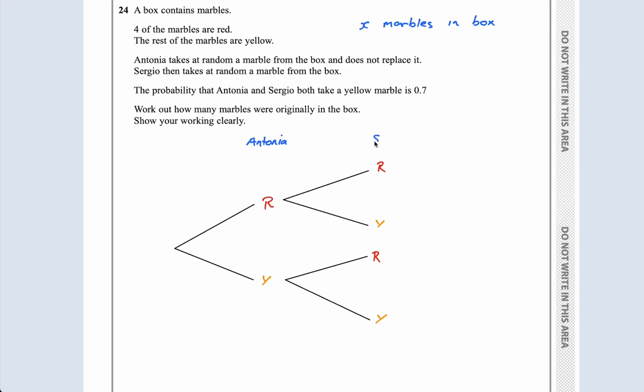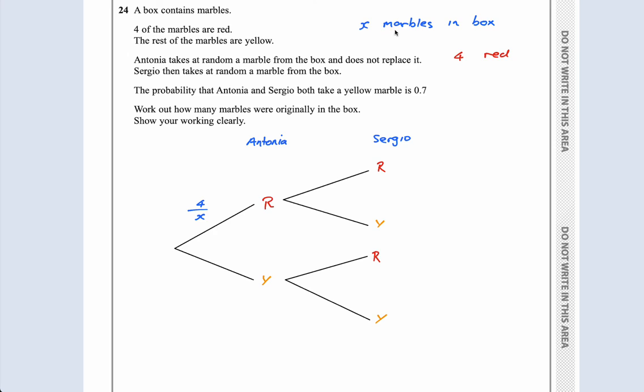This is Antonia's turn, and this is Sergio's. Okay, 4 are red. So when Antonia takes a marble, what's the probability she gets a red? Well, it's 4 out of the total, which is X. So that's what we're trying to find out, how many marbles were originally in the box. So it's 4 out of X. If there's 4 red, and there's X in total, how many are yellow?